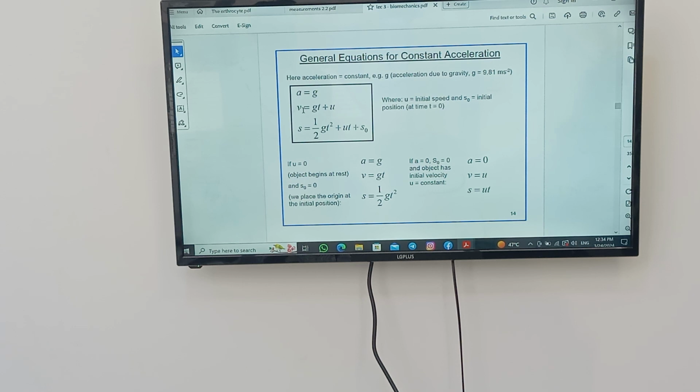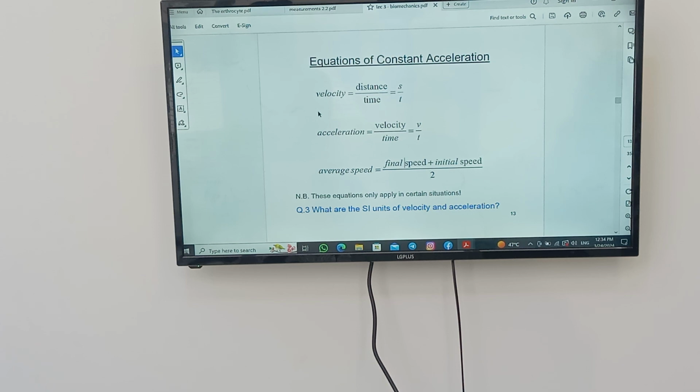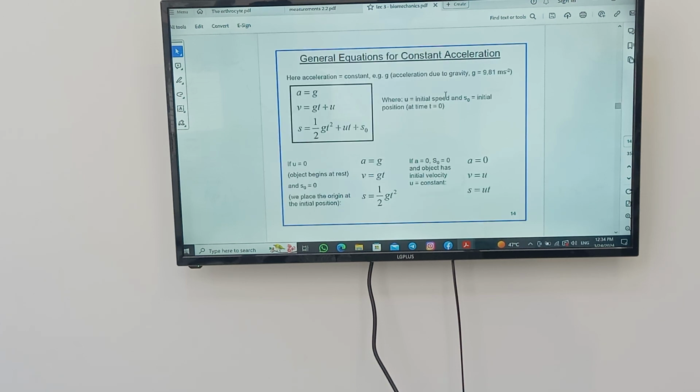The velocity equals gravity multiplied by time, like we said here, plus u. u is the symbol for the initial speed, and s is the initial position at time 0.